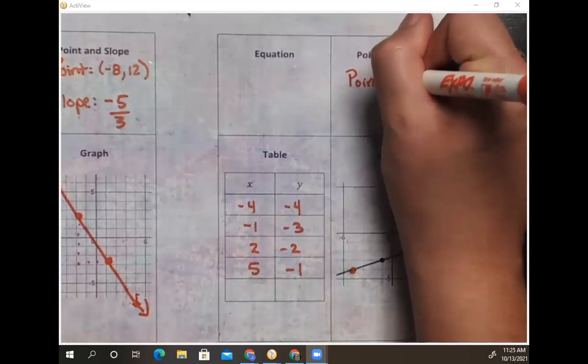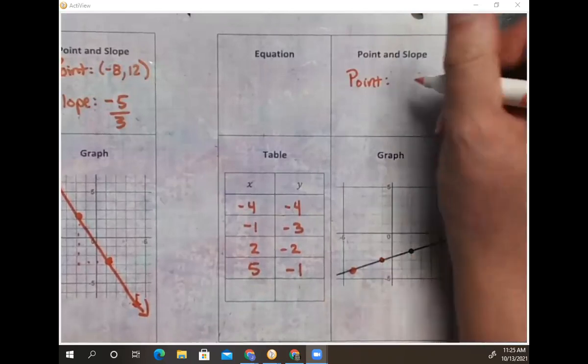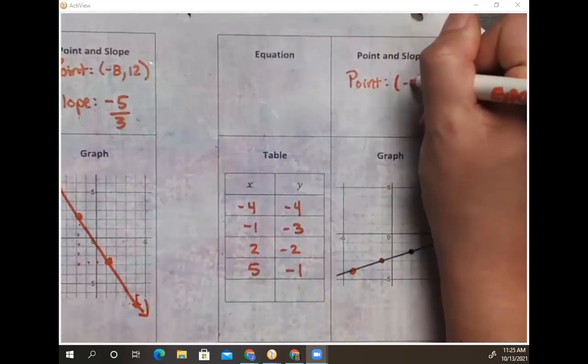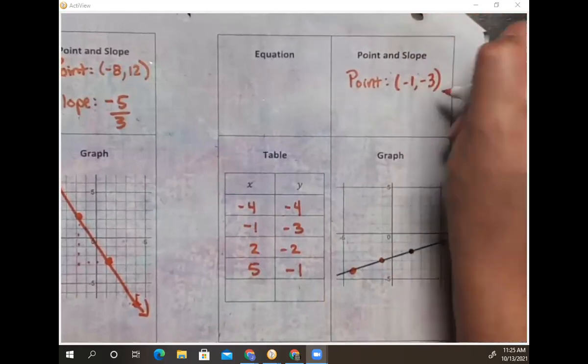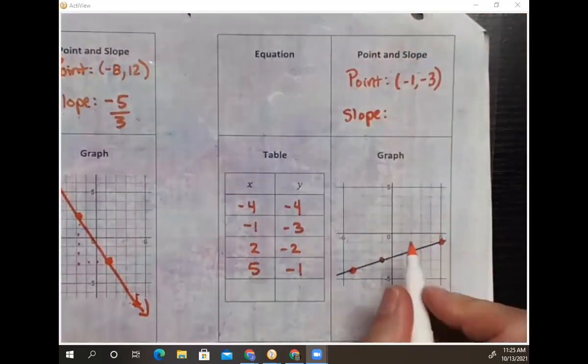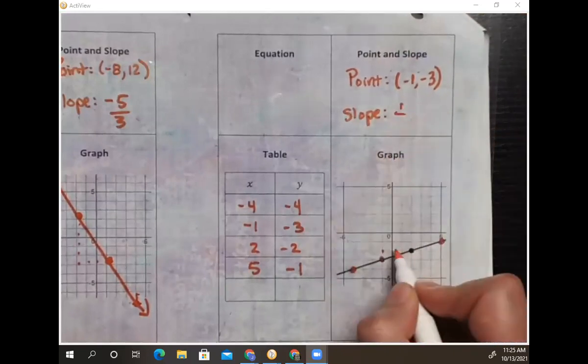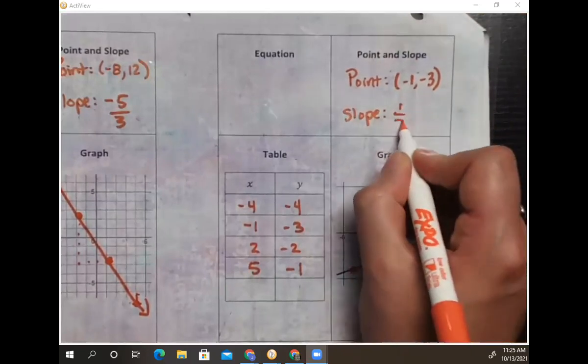Point, you have 4 options. Pick whichever one you want, okay? I'm going to select this guy. If you picked a different one, that's okay. So I'm going to choose the point (-1, -3). And then for my slope, I'm going to count that from my graph. So our slope was up 1 over 1, 2, 3.